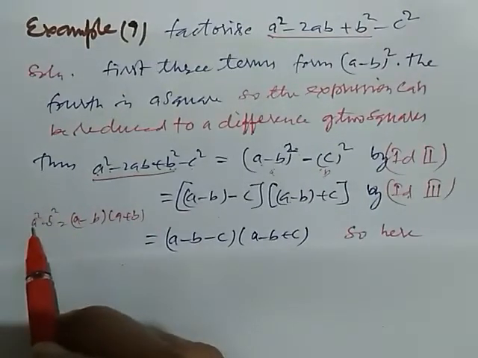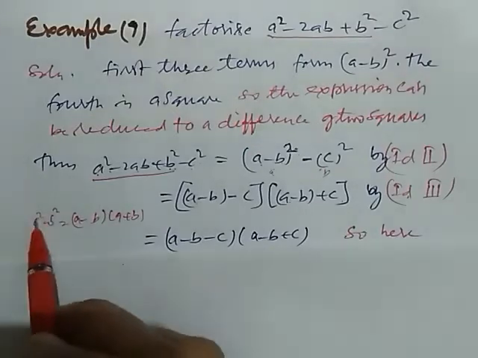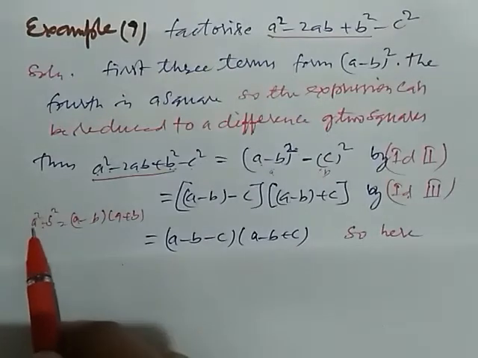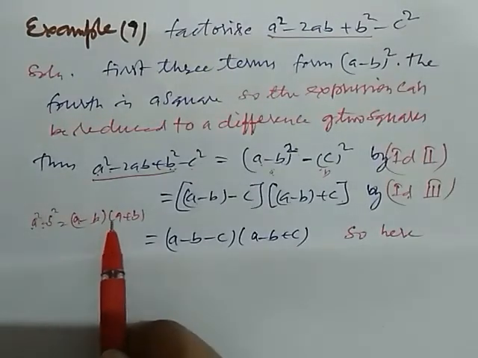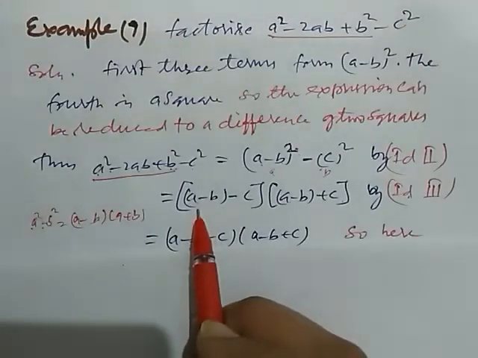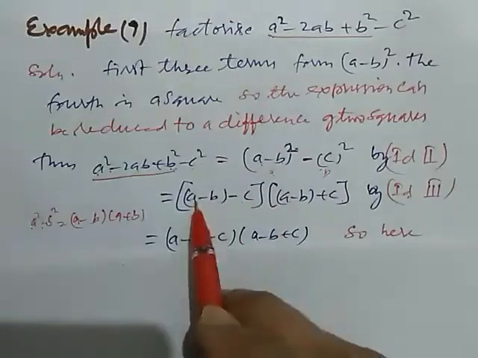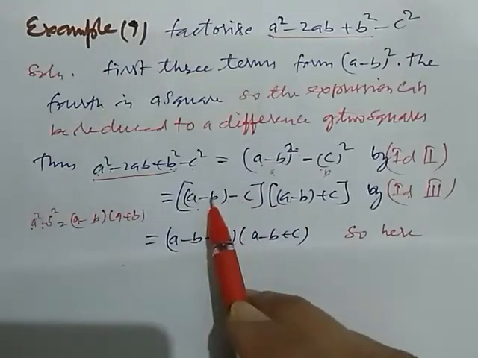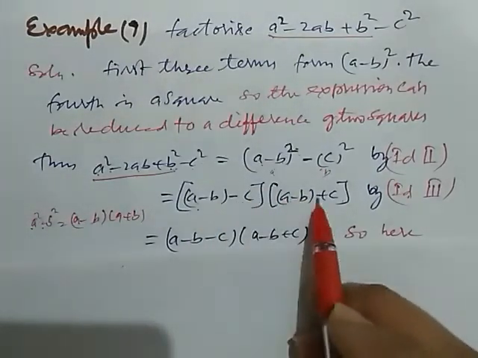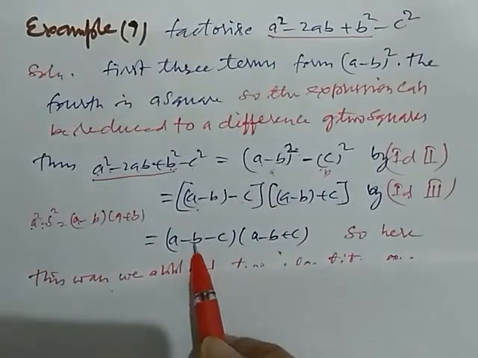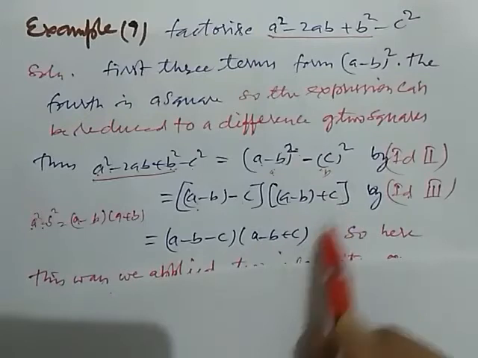When there are two terms having their squares and between them there is minus, then we subtract them, add them and multiply them. So here we subtract them, a minus b minus c, and a minus b plus c.